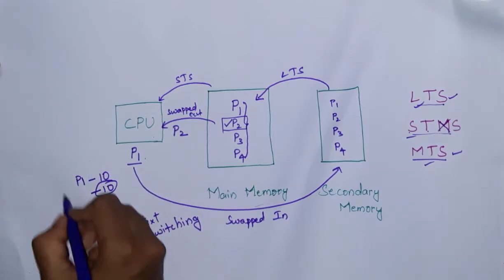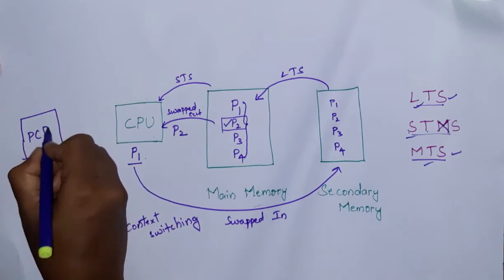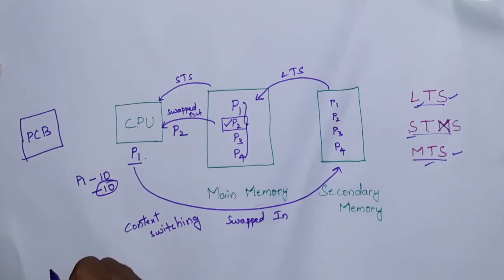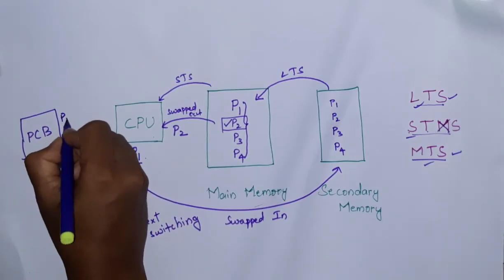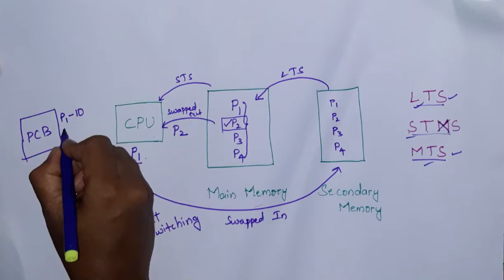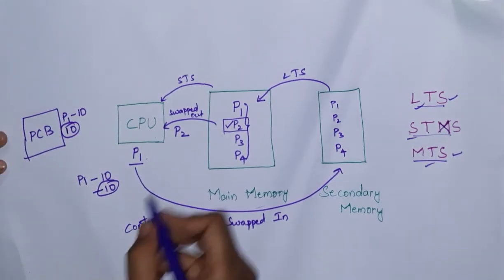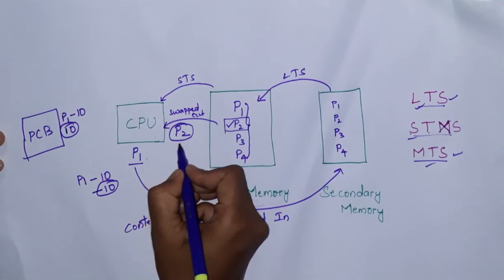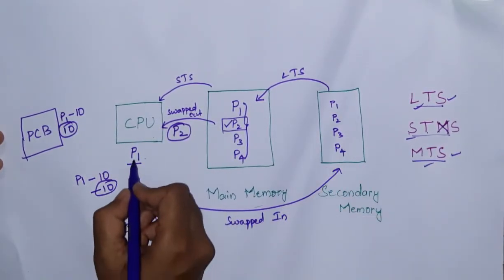So this information has to be stored in the PCB, the process control block. It will store the information that the P1 process has executed only 10 lines of instructions and needs to execute 10 more lines.